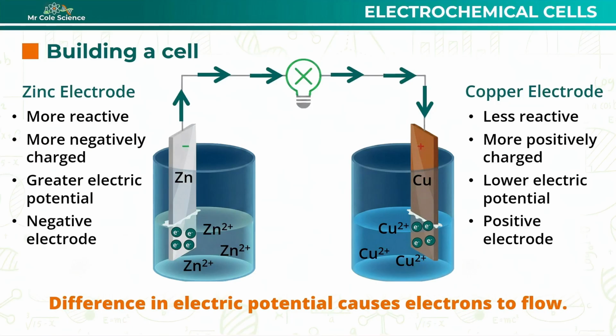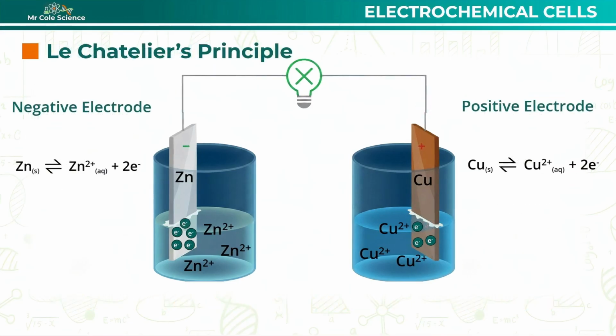But what happens when our electrons do leave our zinc half cell and flow round and arrive at our copper half cell? So this is where Le Chatelier's principle really kicks into action. At our negative electrode, we are losing electrons, and as that happens, the concentration of electrons within the half cell decreases.